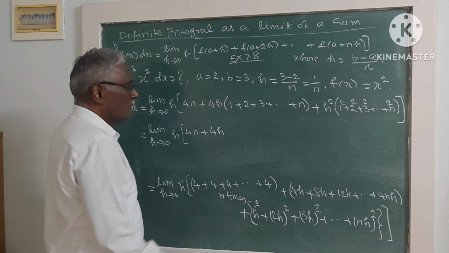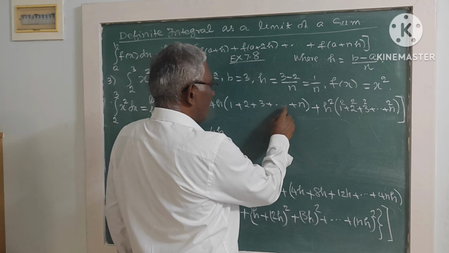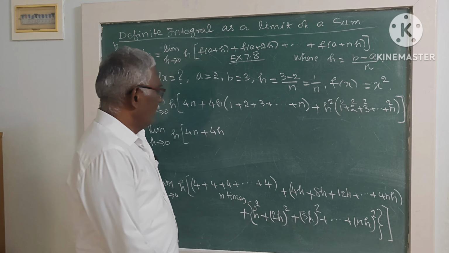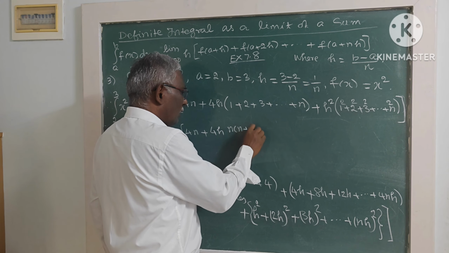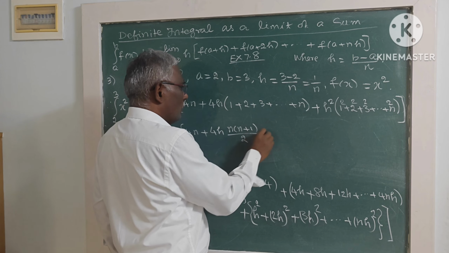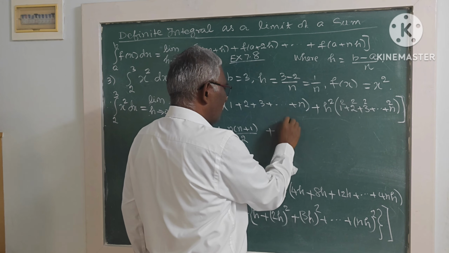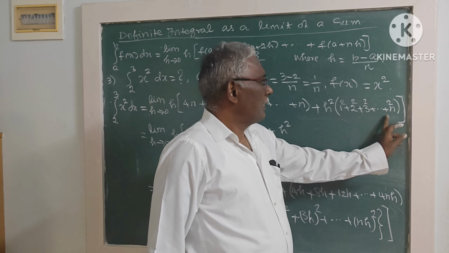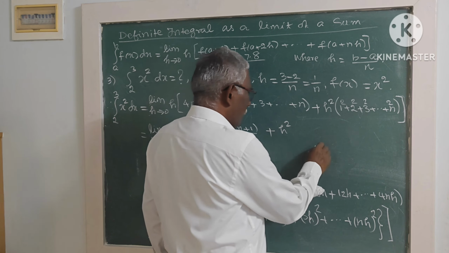For 4h, now 1 plus 2 plus 3 plus etc. plus n, that is nothing but sigma n. What is the value of sigma n? n into n plus 1 by 2. Plus h square into, what is 1 square plus 2 square plus etc. plus n square? That is nothing but sigma n square.